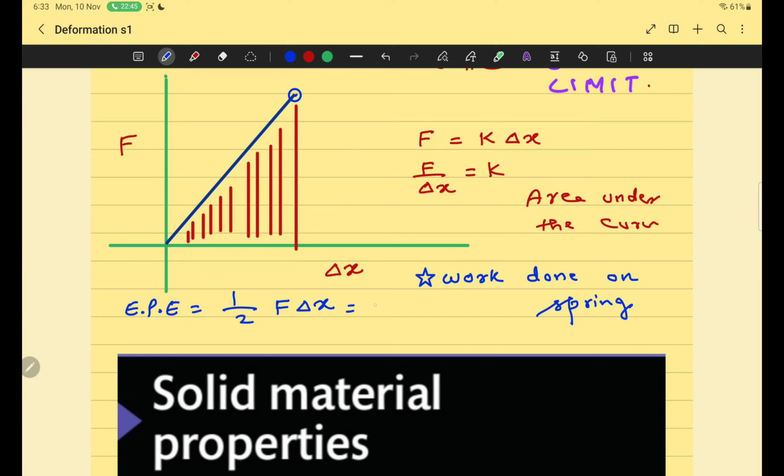Okay. And if you replace this force by this equation, then it is half K delta x into delta x. Then it becomes half K delta x square.